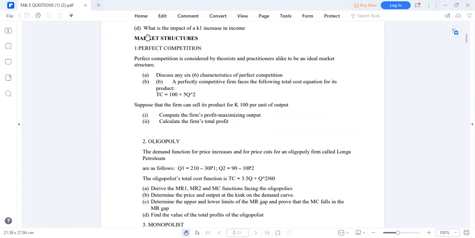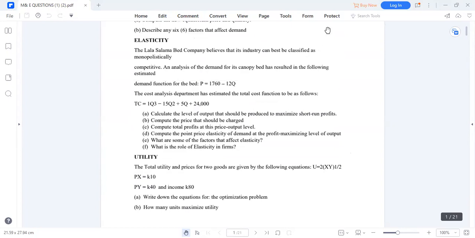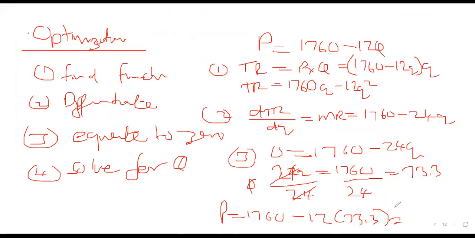Mr. Collins, can you hear me? Yes, I can hear you. Yes, please. So 73.3 is the quantity. Then the price when you substitute, what did you get? It's supposed to be 12 times 73.3, which is 880. Yes, all right.